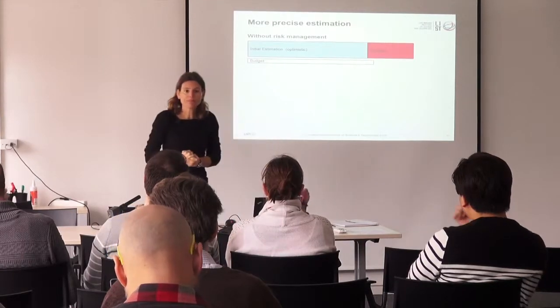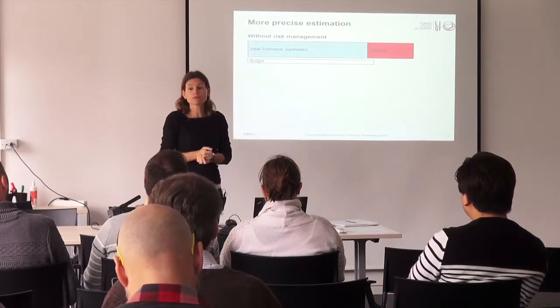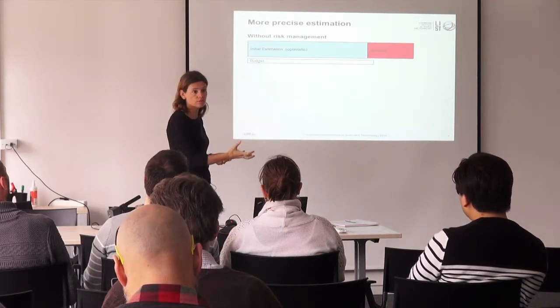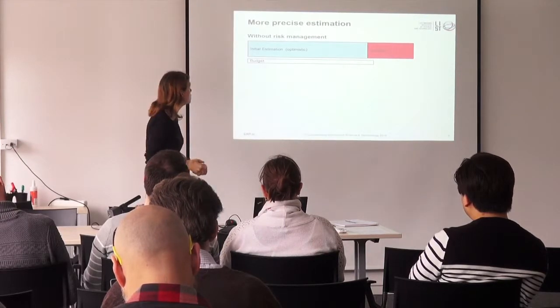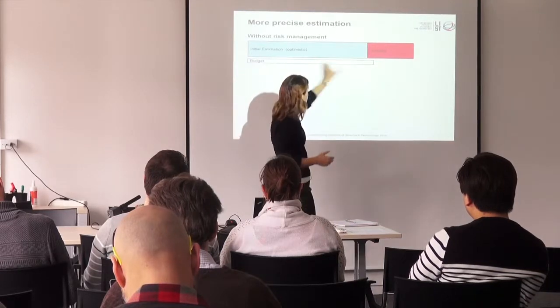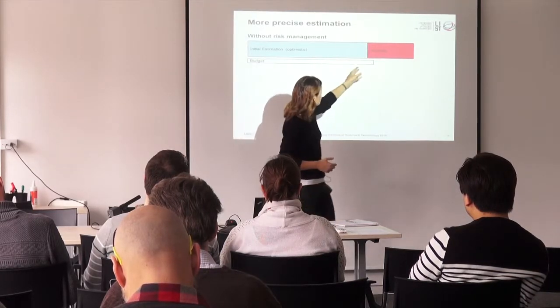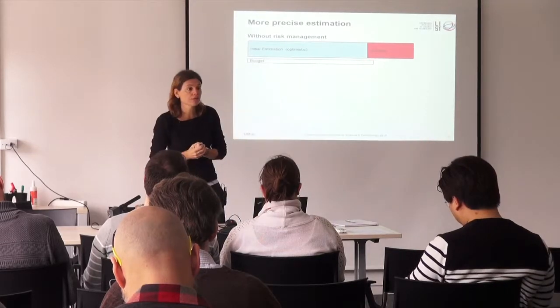What will happen is that life will happen. You will have some things that will not go right, and these we call incidents. So when a risk is actually there, it's an incident. So this will cost your project. On top of the budget you had imagined, there will be some extra costs because that person is ill.